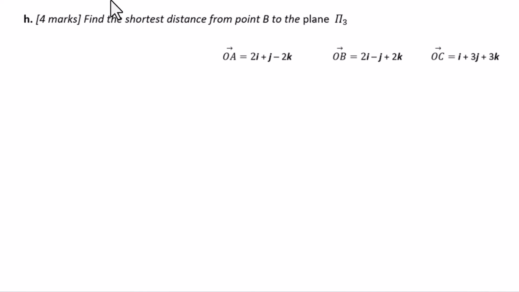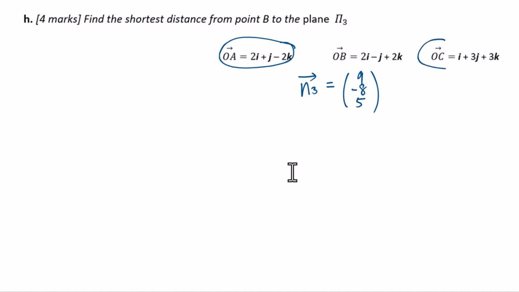Let's go to H. Find the shortest distance from point B to the plane pi3. We got the normal vector of pi3 is (9, -8, 5), and points A and C are on the plane pi3.